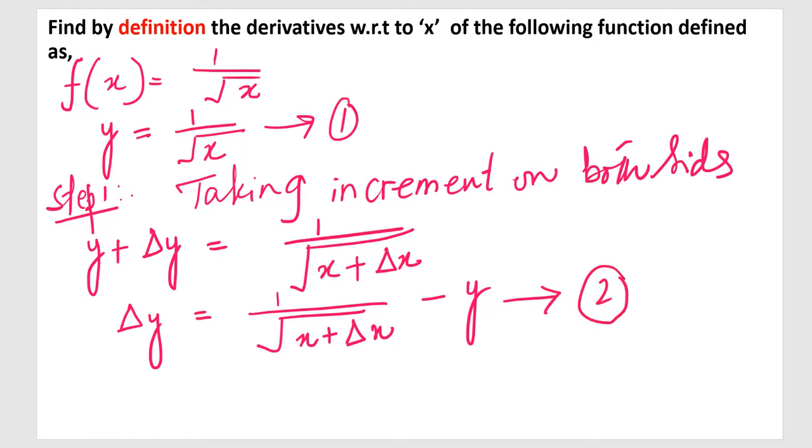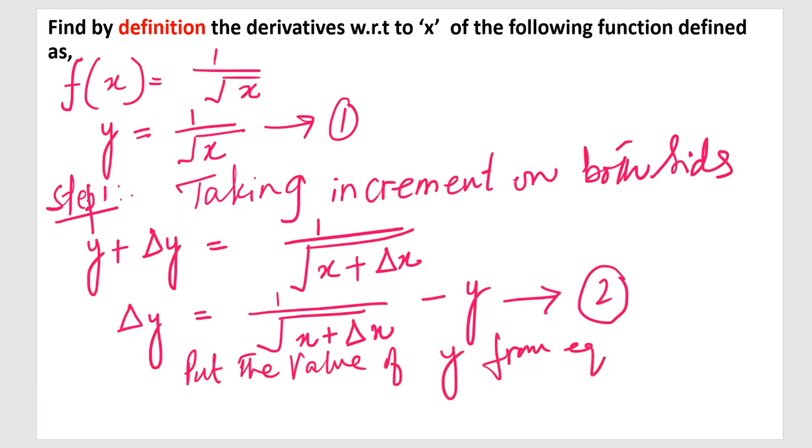As I said, y is equal to 1 divided by square root of x, so put the value of y from equation 1 into equation 2.